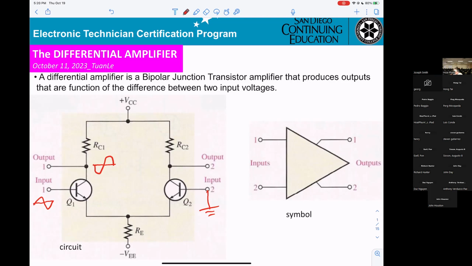And I said output 1 will be a sine wave. However, it will be 180 degrees out of phase. That means the opposite. And also you get a sine wave at the emitter of Q1. We don't have a bypass capacitor, so you still get the sine wave.